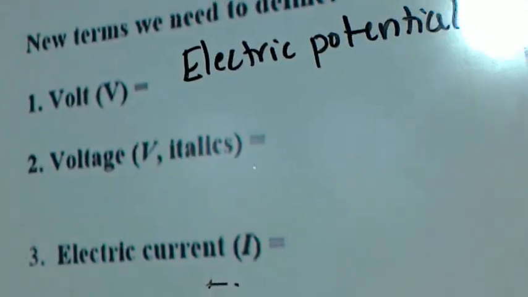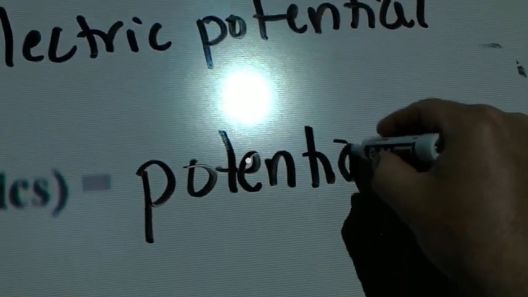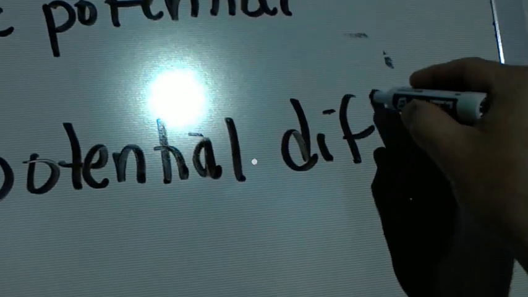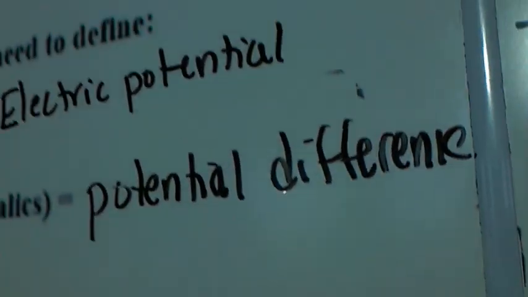Voltage, with the AGE, is the potential difference. And you've heard this, high voltage power lines. Don't touch the high voltage power lines because you're a low voltage thing and it will kill you.